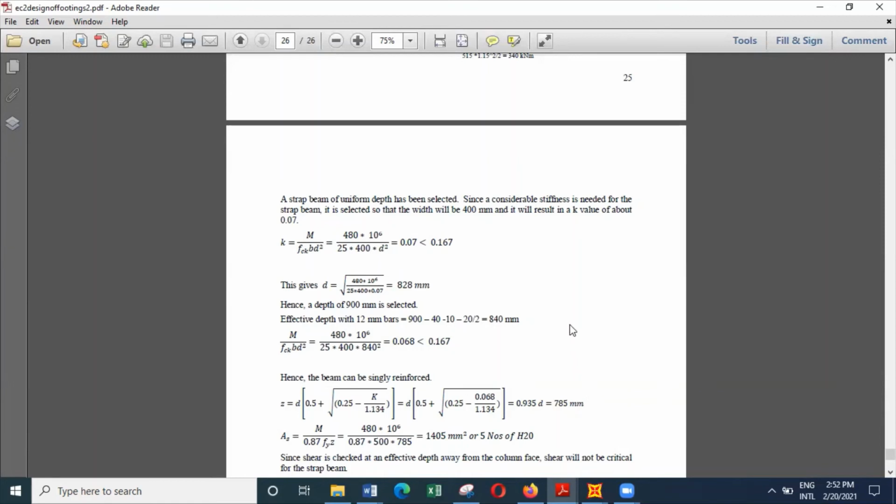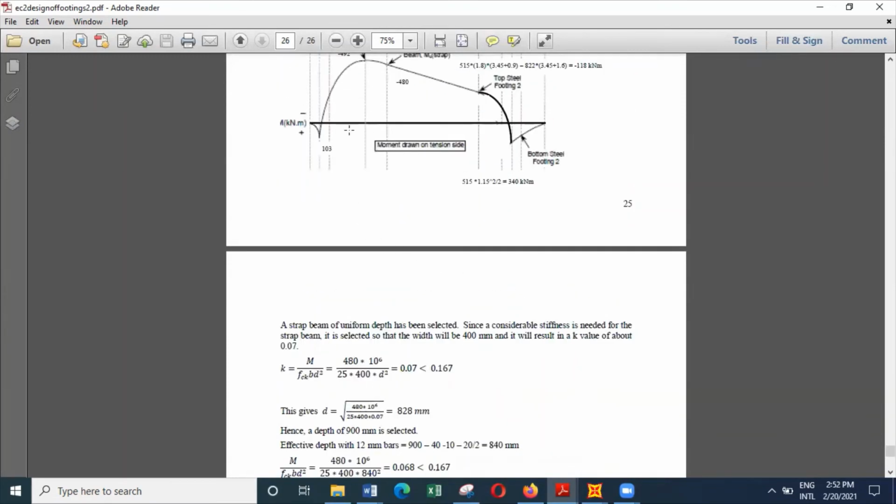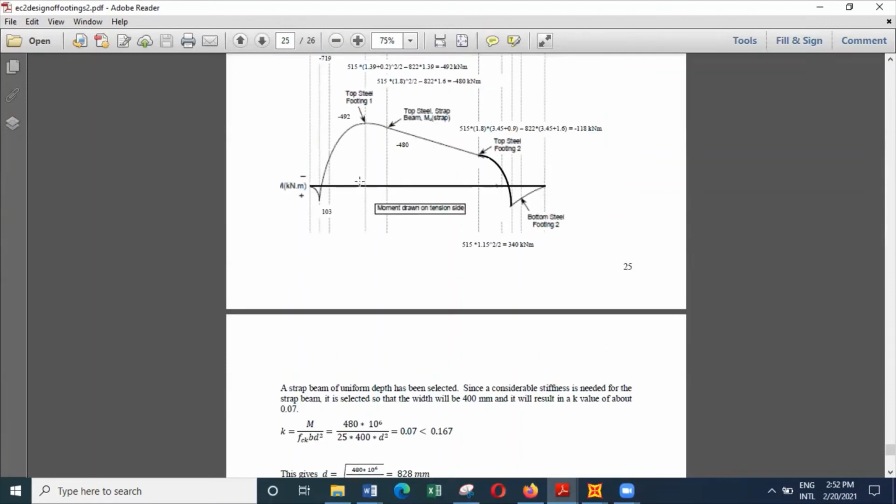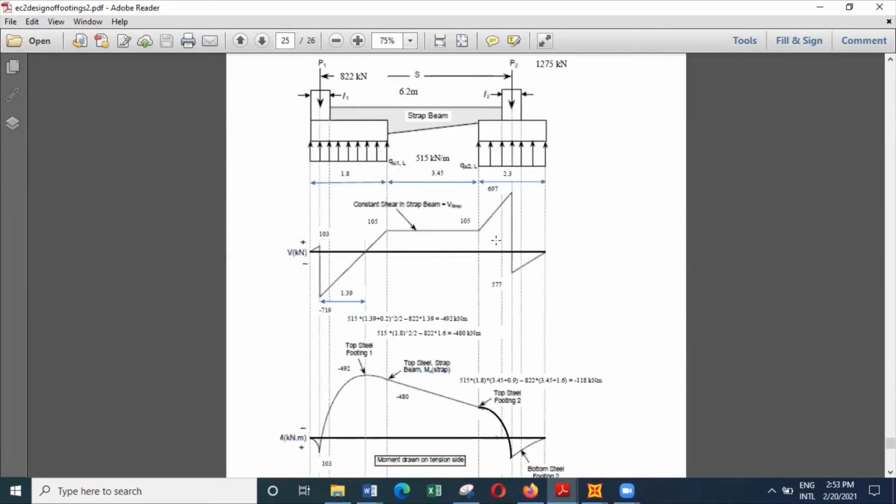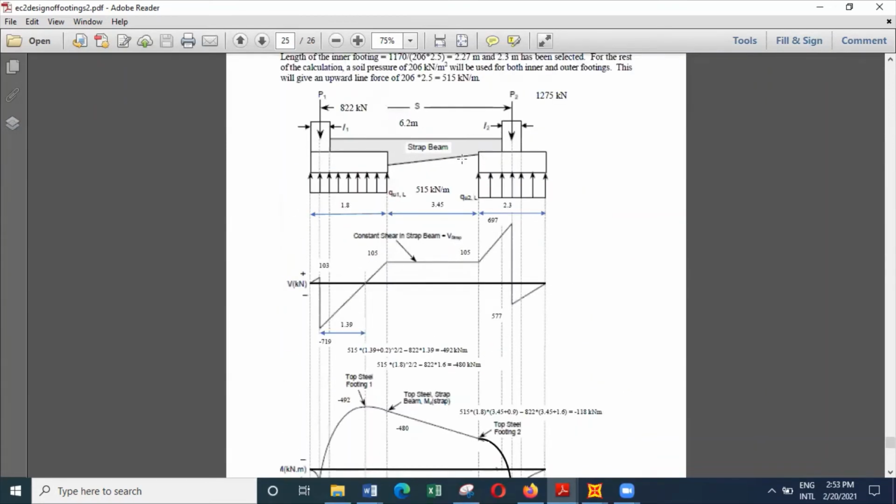you can design this beam. The strap beam is not subjected to any sagging moment; it's subjected to hogging moment. So you can provide some hanger bars at the bottom of the beam. But when you are providing reinforcement at the bottom of the beam, you have to consider the fact that between the two footings, the beam is not supported by anything.